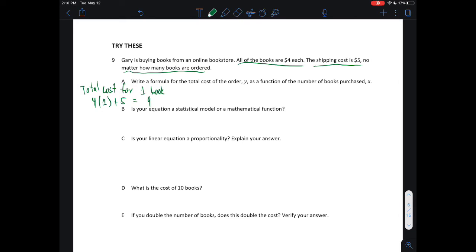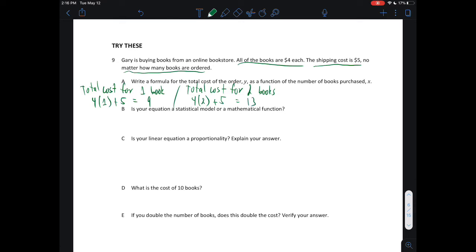What would it be for 2 books? Total cost for 2 books. What would you have to do first? If you have 2 books and they're $4 each, then you have to multiply 4 times 2, and then you need to add shipping, $5. So that becomes 8 plus 5, which is 13.